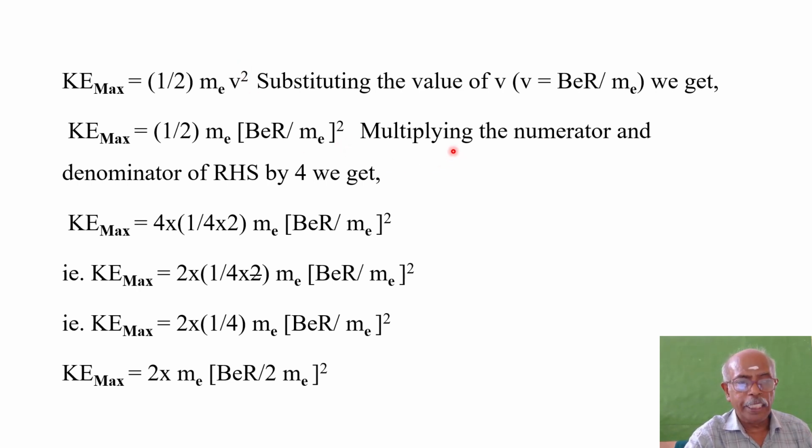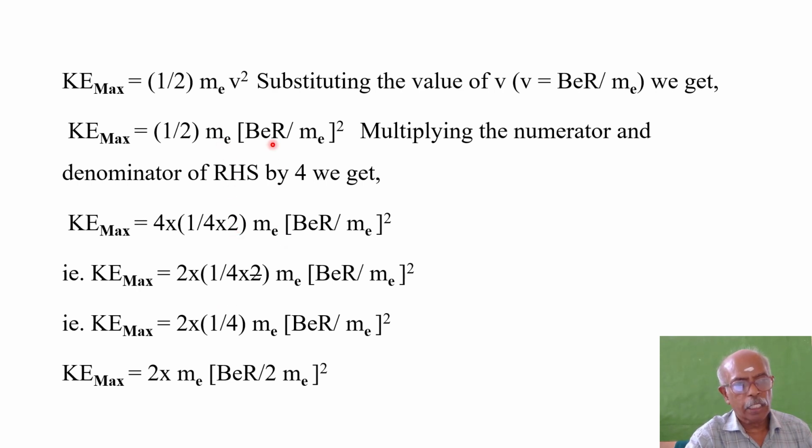Now, multiplying the numerator and the denominator of the RHS, not the LHS, only the RHS, by 4: when you multiply the same factor in the numerator and the denominator, the value will not change. So KE max is equal to 4 into 1 by 4 into 1 by 2 into m_e into (BeR by m_e) squared. Why is this 1 by 4? Because we are multiplying the denominator also.